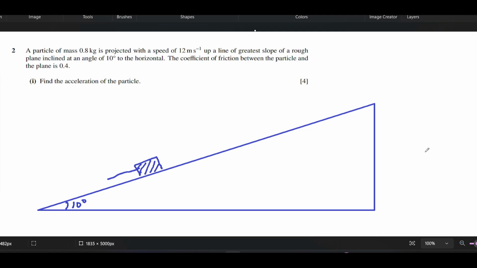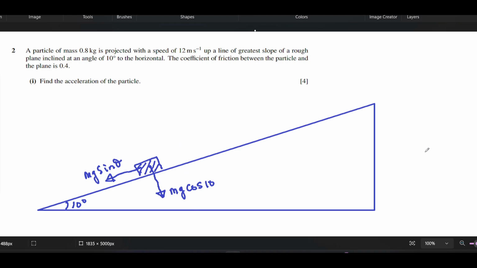There is the component of the weight that is parallel to the slope, which will be given by mg sine theta. And there is the component of the weight perpendicular to the slope that is always given by mg cosine 10.